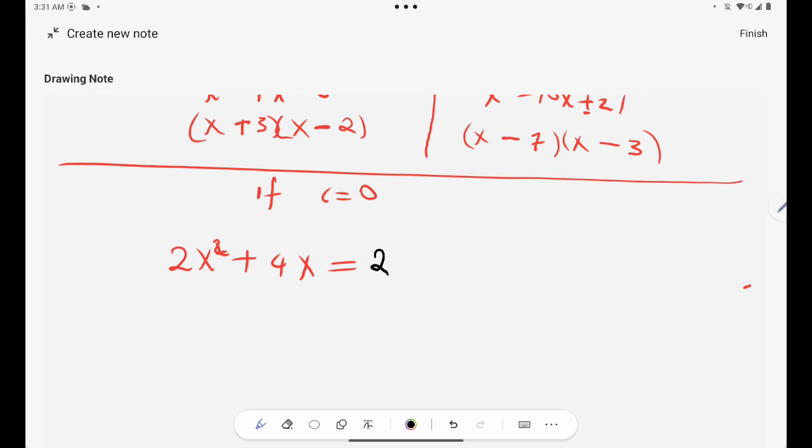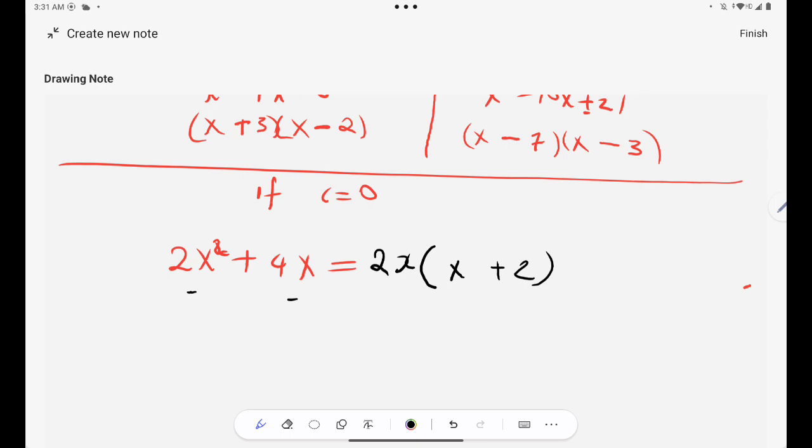Another thing that is common is x. So 2x is common. Whenever I take out 2x here, I'll be left with x. And whenever I take out 2x here, I'll be left with 2.